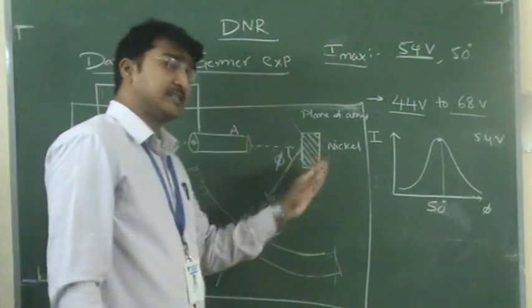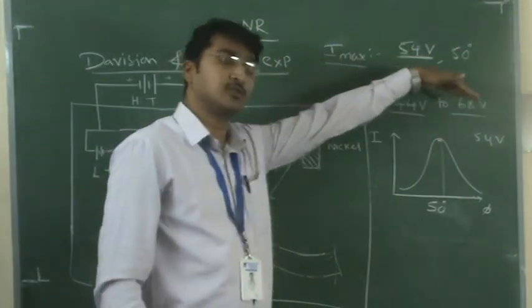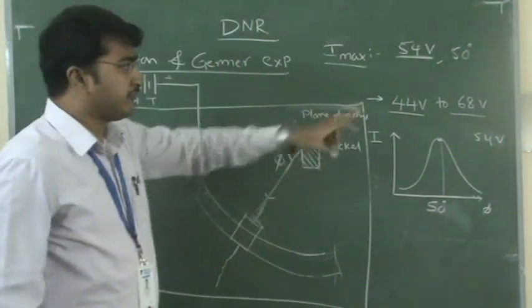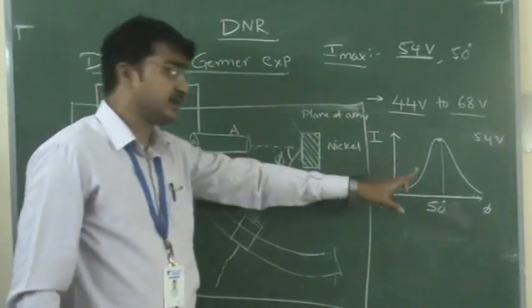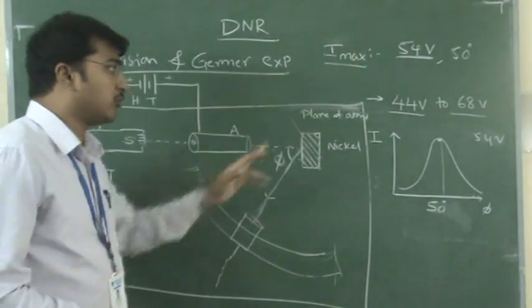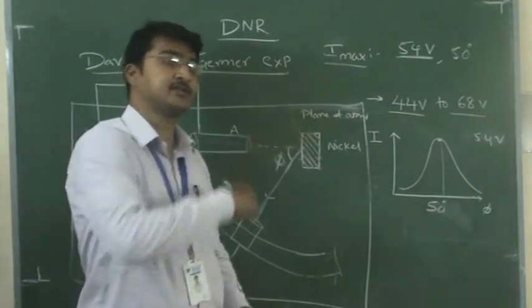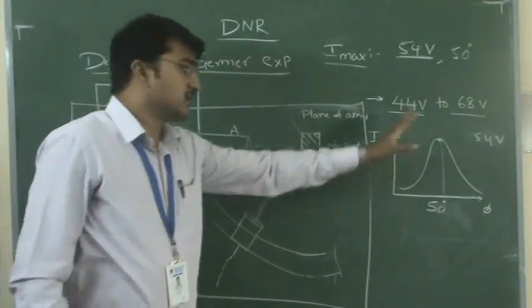Now this experiment is operated with accelerating voltage between 44 and 68 volts. For every voltage we have to measure the 90 values, 0 degrees to 90 degrees, and draw the graph of intensity versus scattering angle.